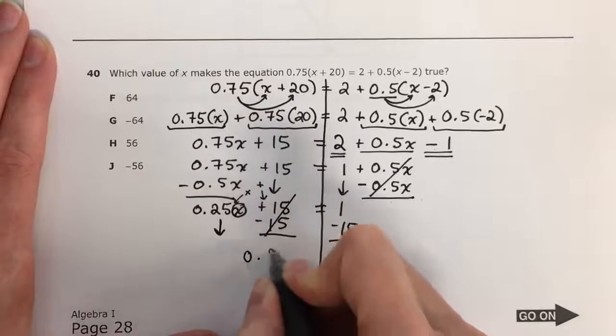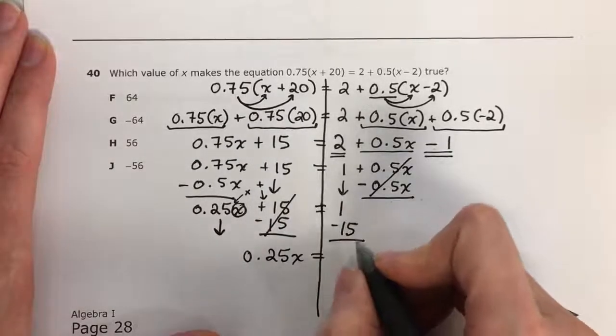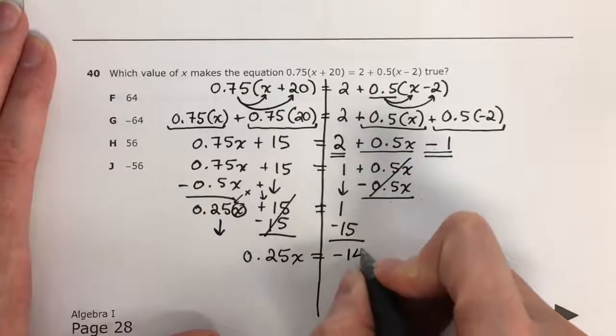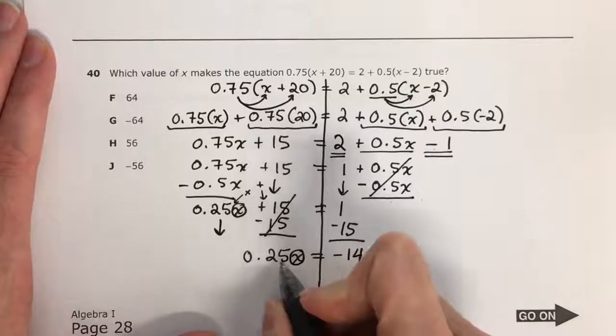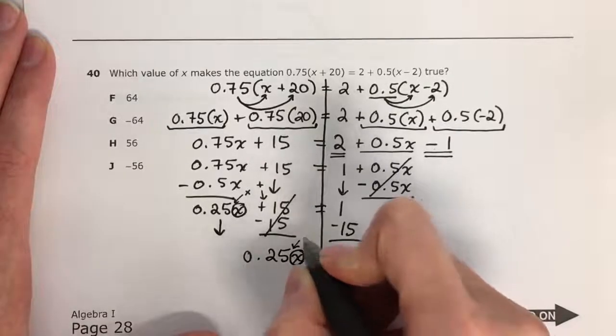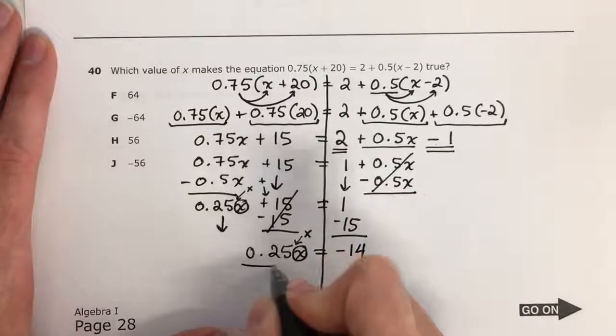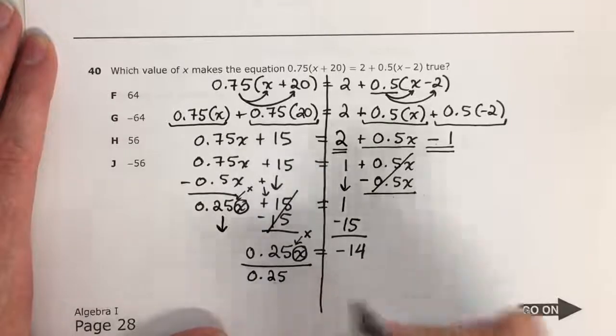Copy down 0.25x equals 1 minus 15. Put in the calculator, you get negative 14. Now I want the x alone. 0.25 is with x, and there's no sign in the middle, so that's a multiply. The opposite of multiply is divide, and I'm going to divide by the number with x, which is 0.25.